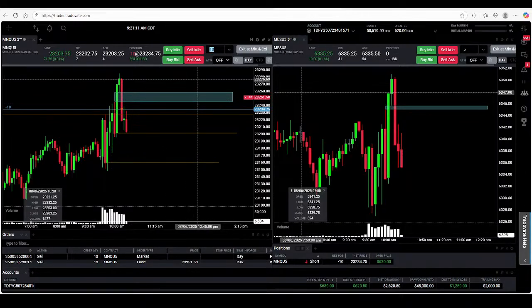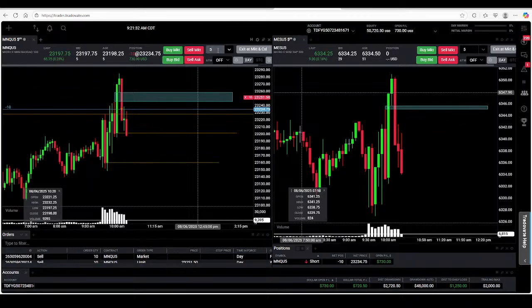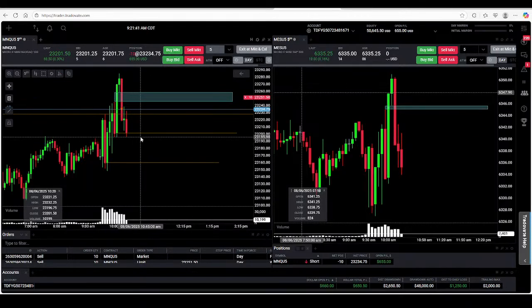All right, we'll get ready to go ahead and take some off here. Looking to take, oh, not 55. See if we can get below that low.